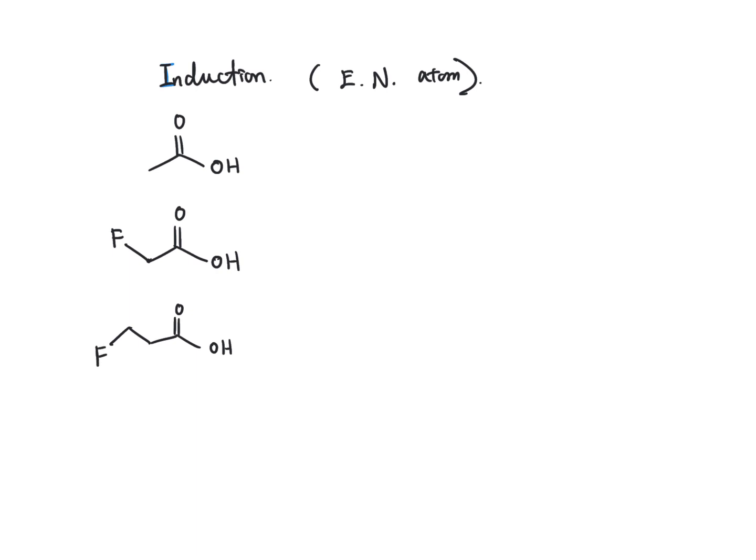In order to look at the stability of the conjugate base, first step, use the HAIR rule. First step is to deprotonate, so this oxygen will carry the negative charge now. And the same for the second one and third one.